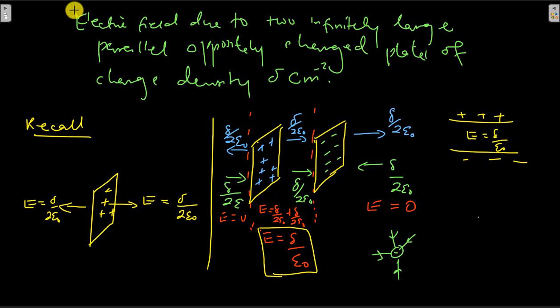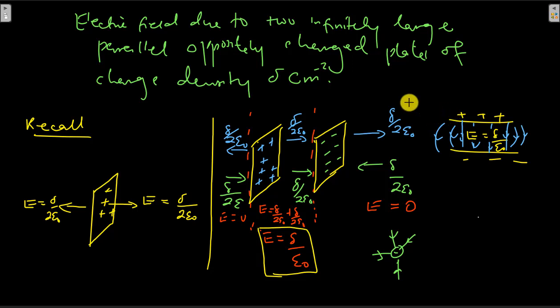That is, as long as you're well inside the plates, the electric field is going to be that. But towards the surface, towards the end of the plates, the electric field is going to be a little different. This electric field is inside the plates in the middle here, but as you come towards the edges, the electric field intensity becomes a little bit bizarre.